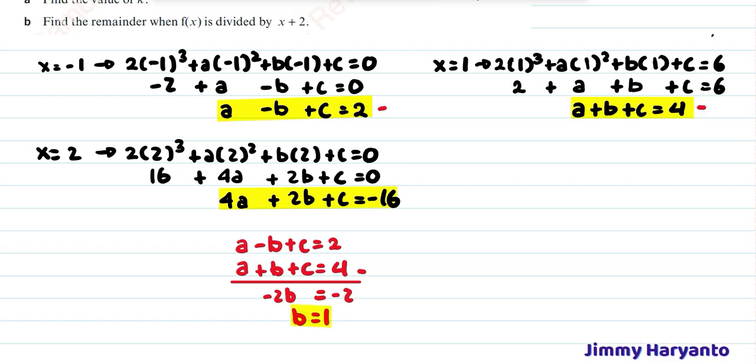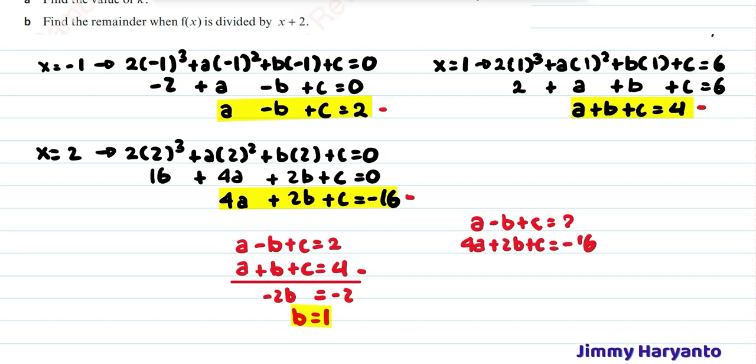Next, let's use the first and the third. I will write it as a minus b plus c equals 2, and then 4a plus 2b plus c equals negative 16. And then after this, I will subtract them.